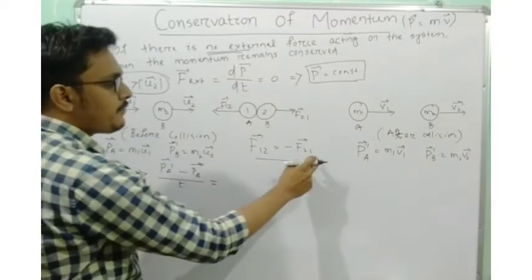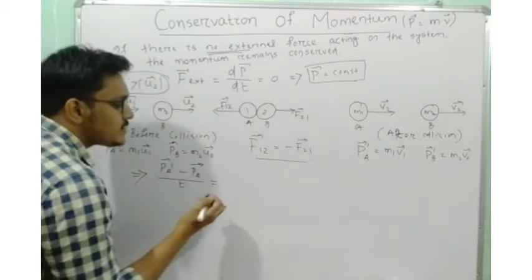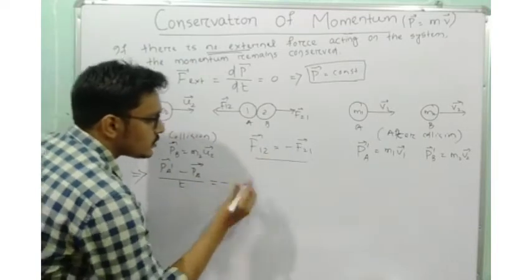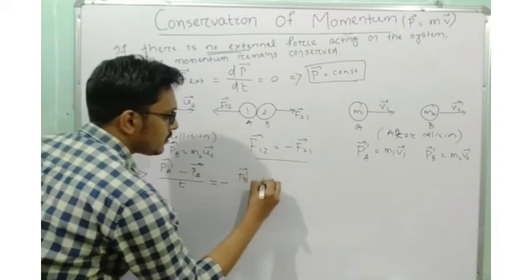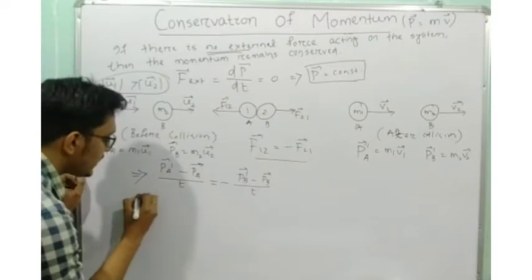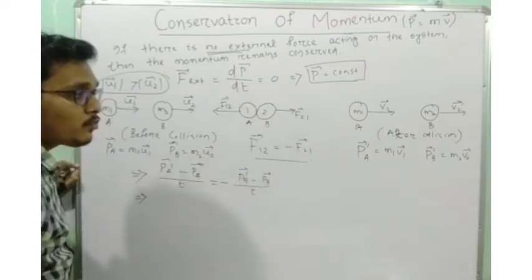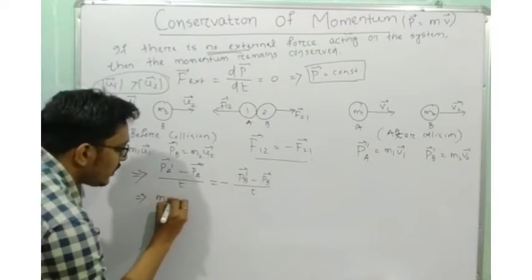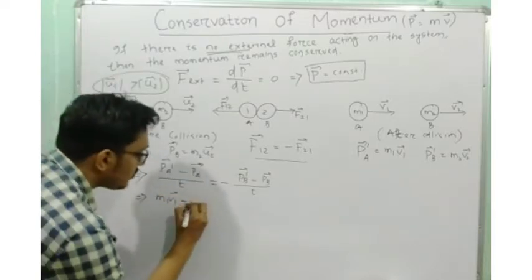And F21 is the change in momentum of B, with a negative sign: the change in momentum from Pb to Pb prime, divided by t. Cancelling t on both sides, Pa prime is m1 v1 minus Pa, which is m1 u1.